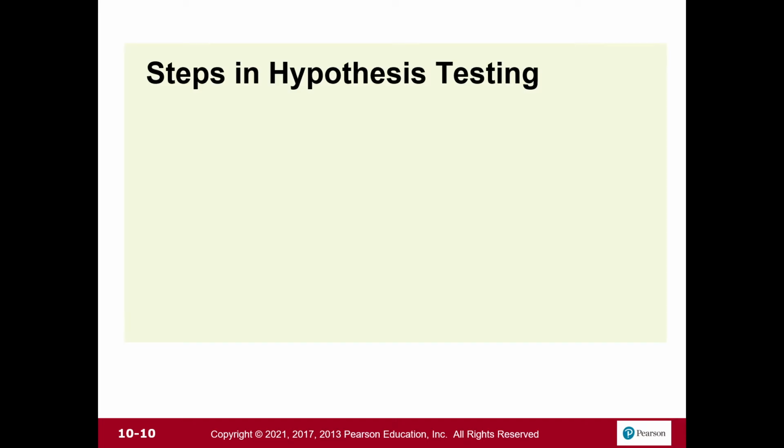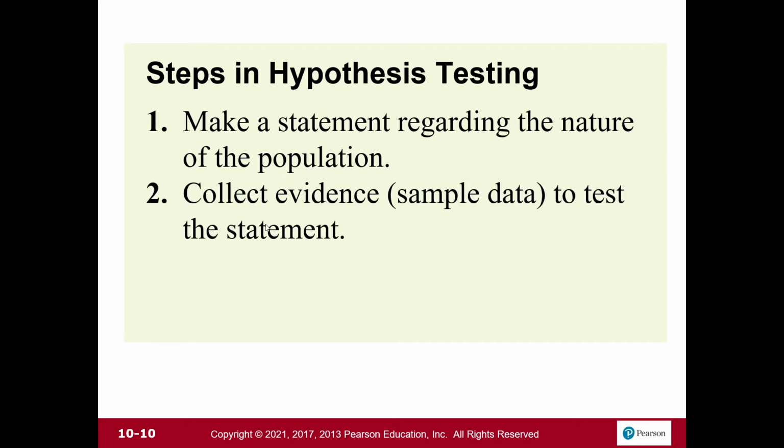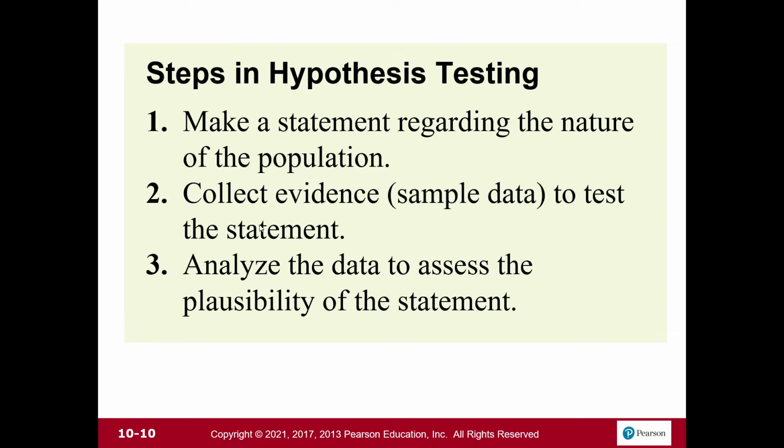Here are some of the steps. Number one, make a statement regarding the nature of the population. Number two, collect evidence or sample data to test the statement. Number three, analyze the data to assess the plausibility of the statement.